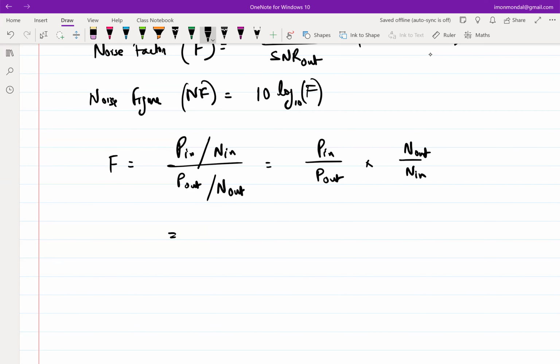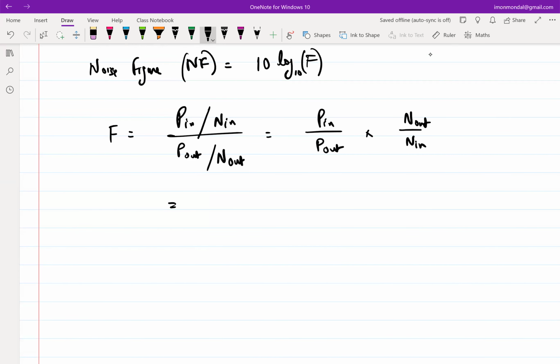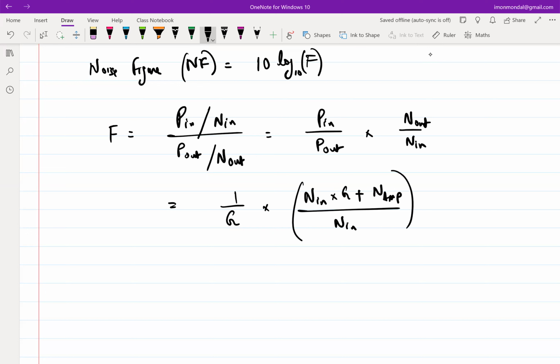Your P in over P out is essentially 1 over G by definition. And your N out is whatever N in was coming in multiplied by G, plus the noise contributed by the amp. So this is N amp by N in. I will write it slightly differently.